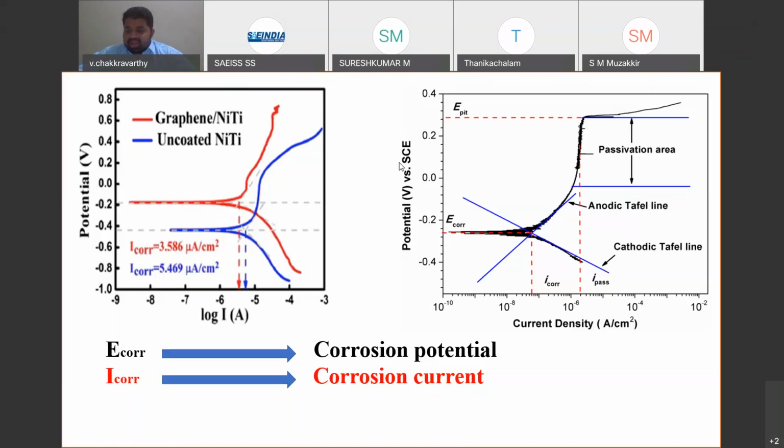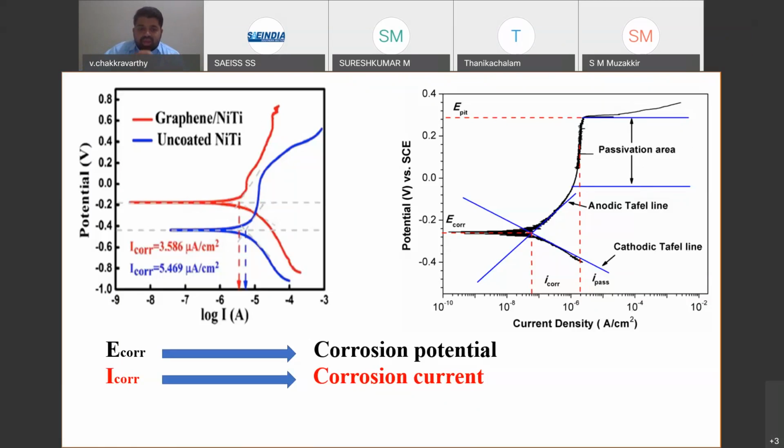And in the second graph, we could see some areas where we have shown the passivation area. Passivation area means the area where small pits get developed. In those particular areas, a small amount of pits will be formed, and after that your passive film will become unstable.